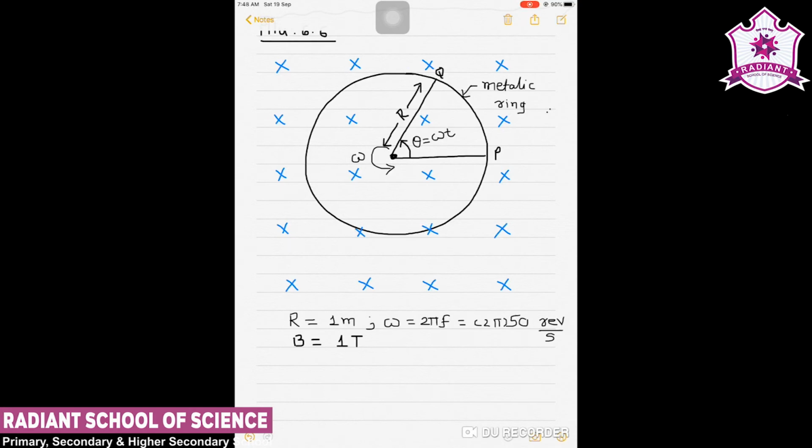Let us consider O as the center and P the other end of the rod. Now this rod is moving anti-clockwise, so it is moving inside the magnetic field. When this object is moving in a magnetic field, it will experience Lorentz force, and due to this Lorentz force, the charges inside the rod will experience a force as per QVB, as we have just discussed.